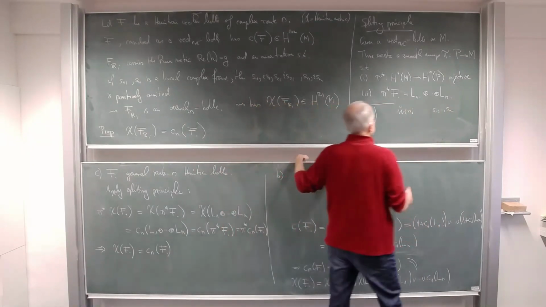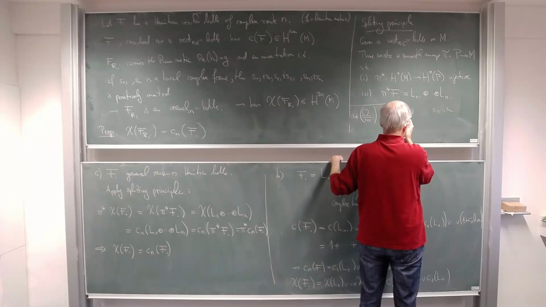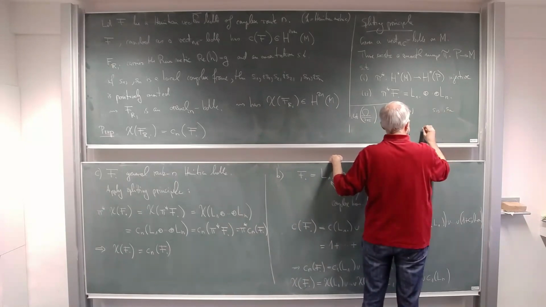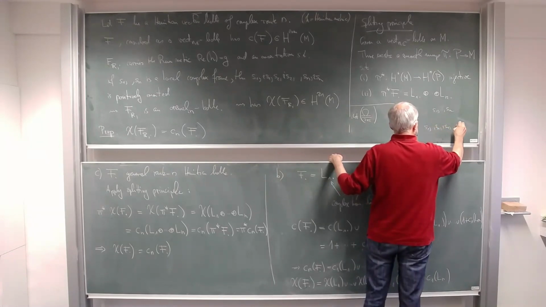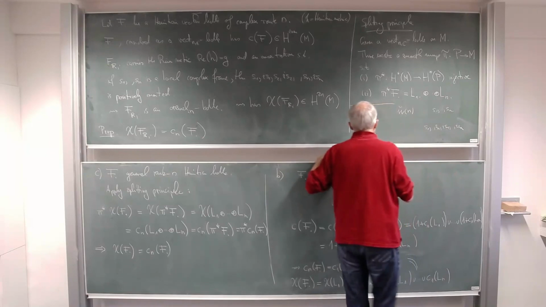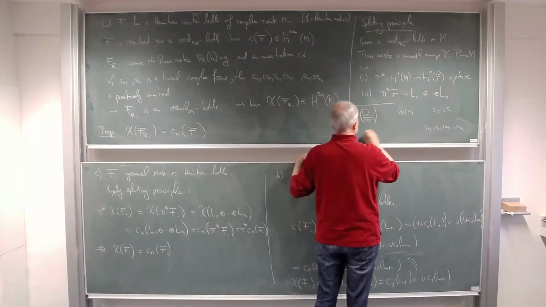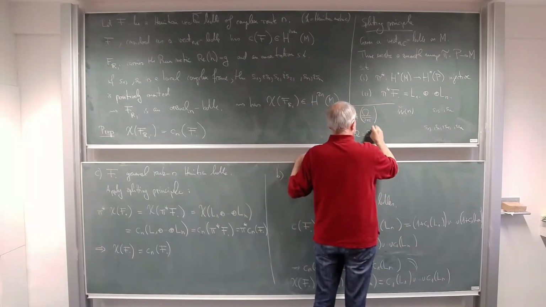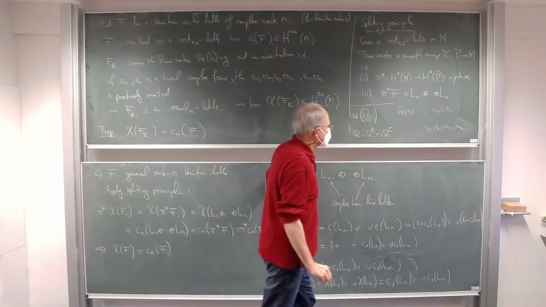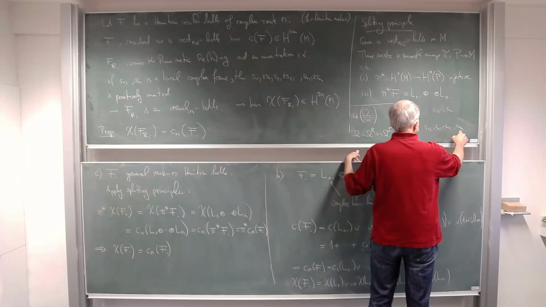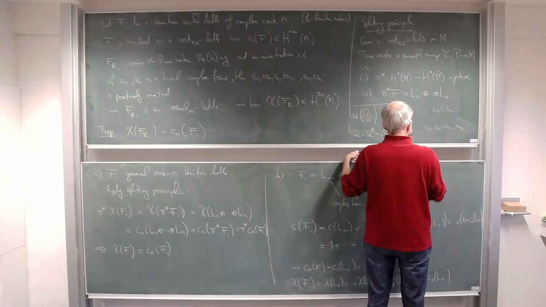Now you go to the real side. You have to manufacture out of this a real basis, and the simplest thing to do is to take this basis, because then if you write omega as a real form plus i times an imaginary form, then the corresponding curvature matrix on the real side will be omega tilde.